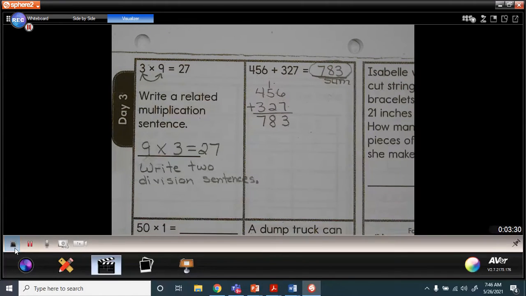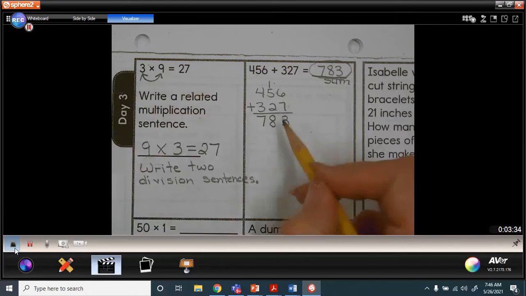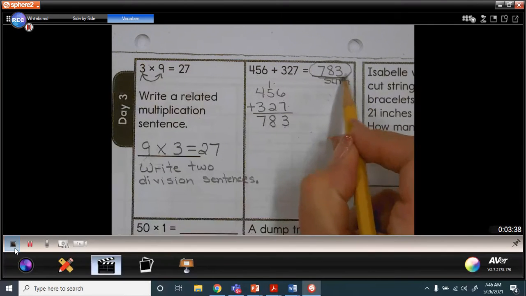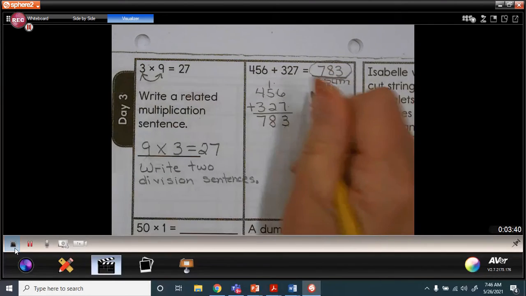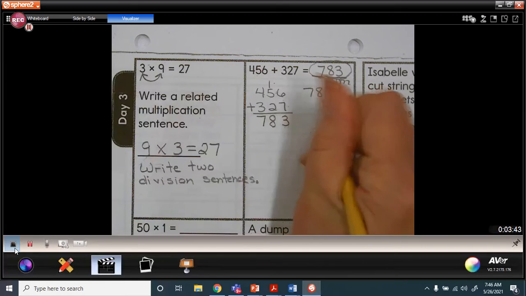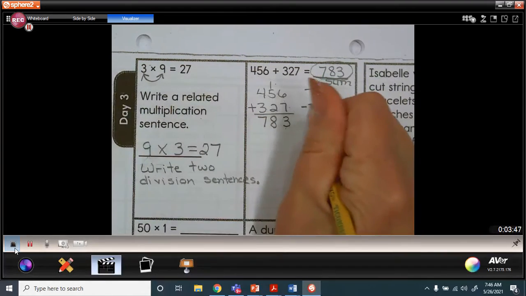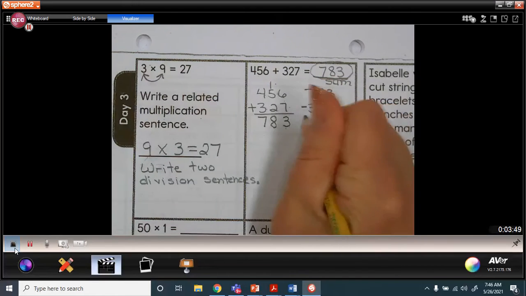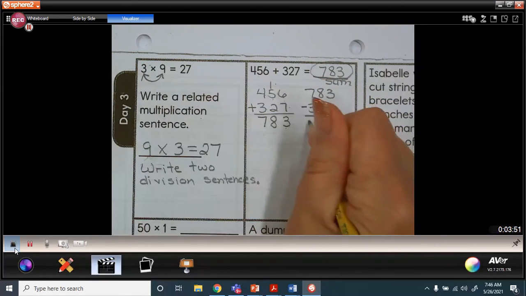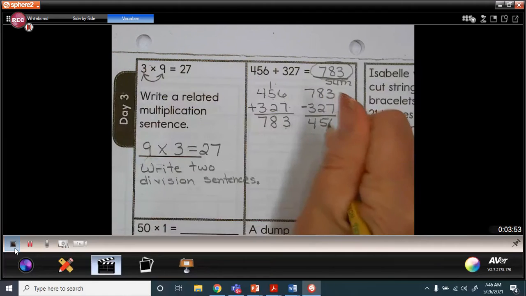Now remember, when you are going to write a subtraction sentence that goes with this addition sentence, you always want to start with the total. So that means that within this 783, I have 327, and what's left is going to be 456.